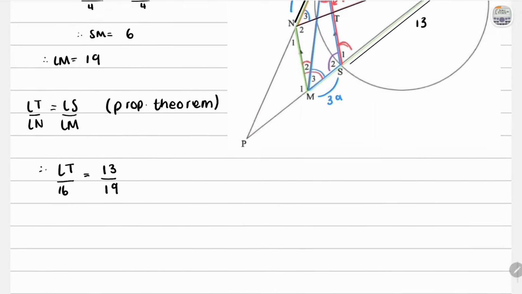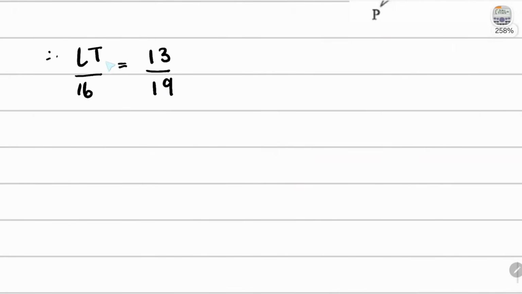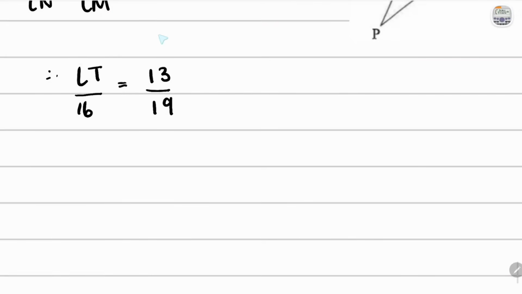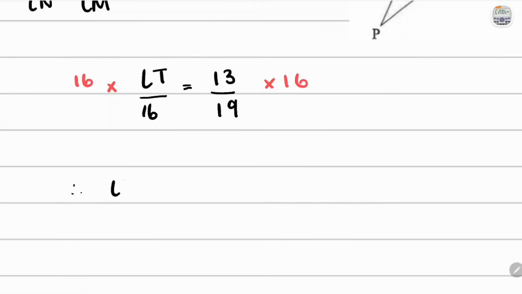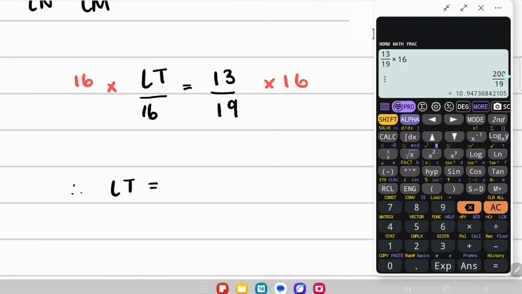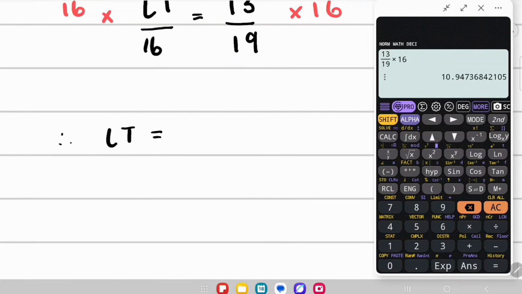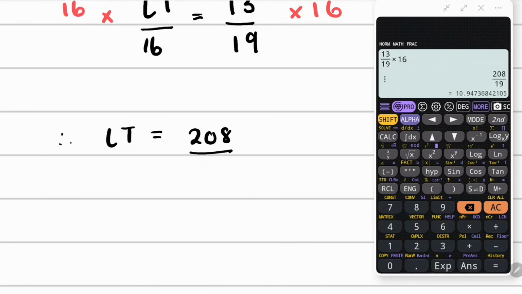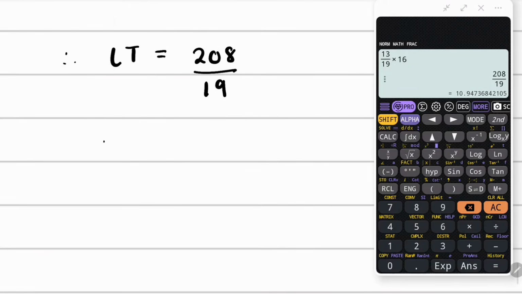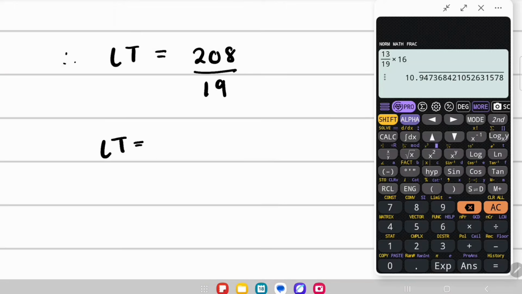Now we can finally find the length of LT. You can multiply both sides by 16 to get rid of it in the denominator. So LT is equal to 208 over 19, but for a better understanding of this length, we can put it in decimal form, rounded to 2 decimal places.